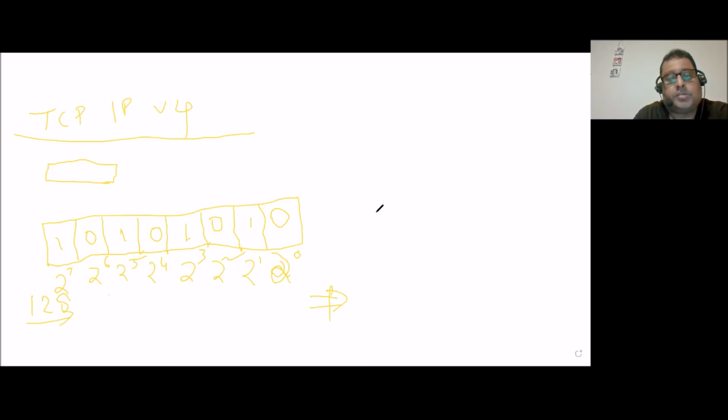In this case, it is 0 multiplied by 2 to the 0 is 0, plus 2, plus 0, plus 8, plus 0, plus 32, plus 0. So 128 plus 32 is what? 128 plus 32, 150, 160, 168, 170. So I think it is 170. I could be wrong. Anyway, so that's the decimal equivalent of this number.